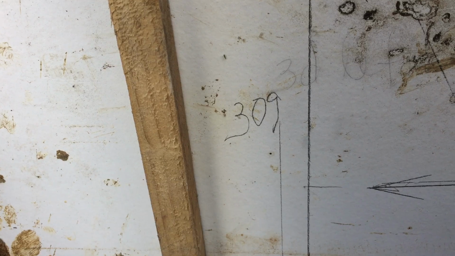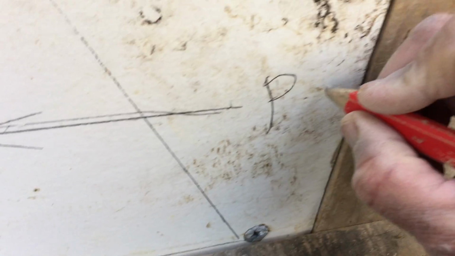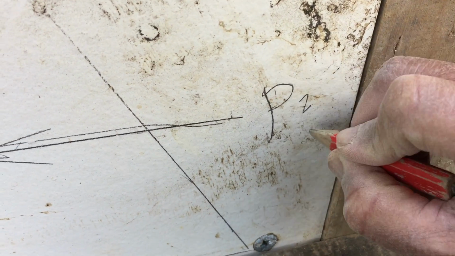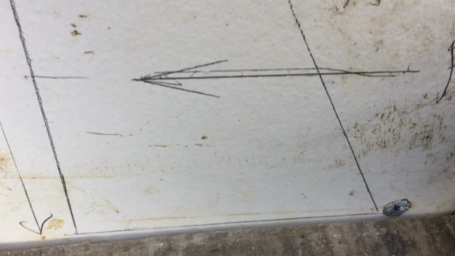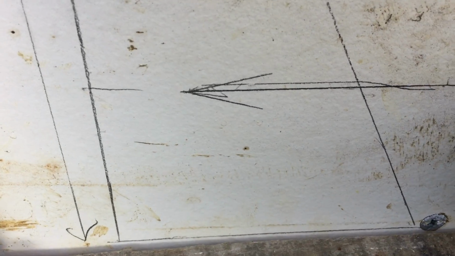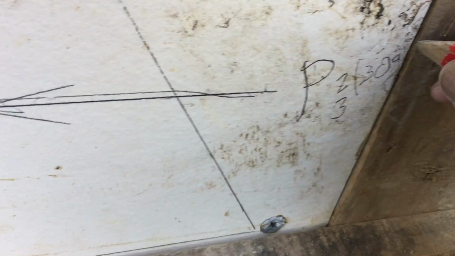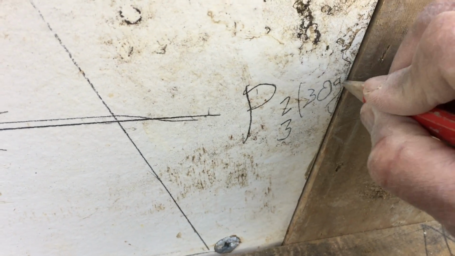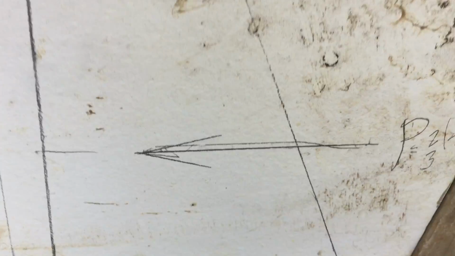The location of that is 2/3 of the height, so 2/3 multiplied by 309. That's the maximum pressure on this concrete.